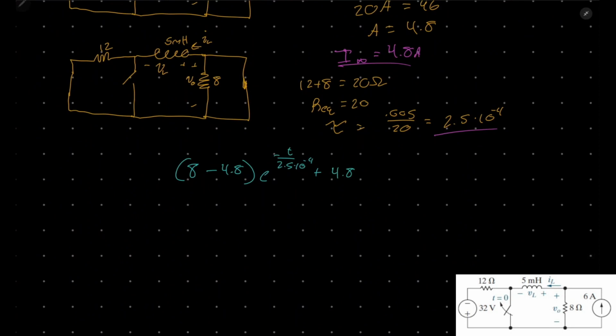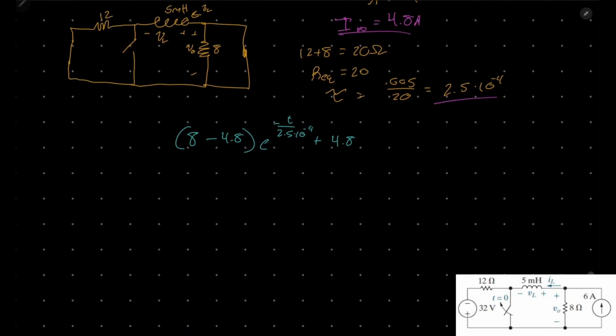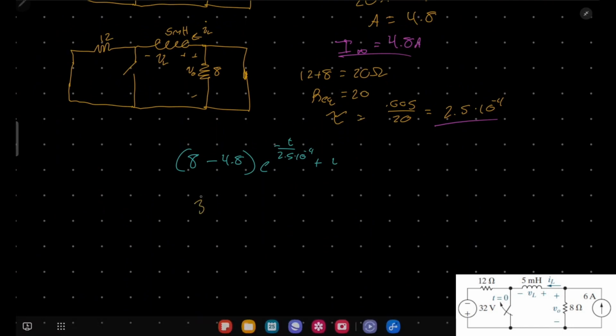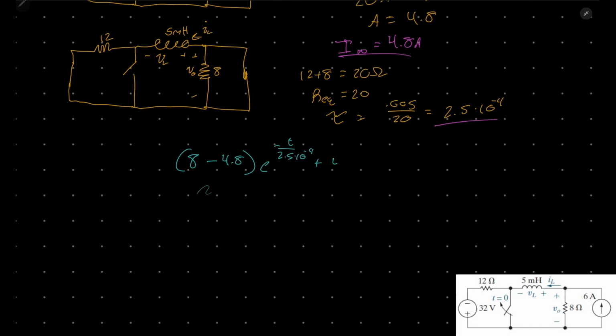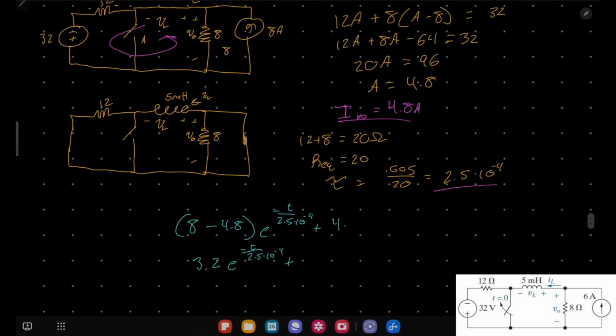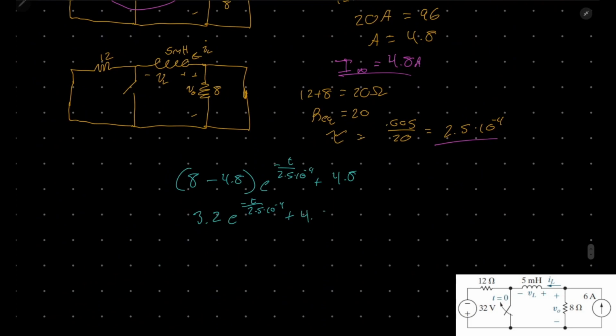Now we'll do 8 minus 4.8 to get 3.2. Write that in blue: 3.2 e to the negative t over 2.5 times 10 to the negative 4 plus, what did I erase here? 4.8. Plus 4.8.